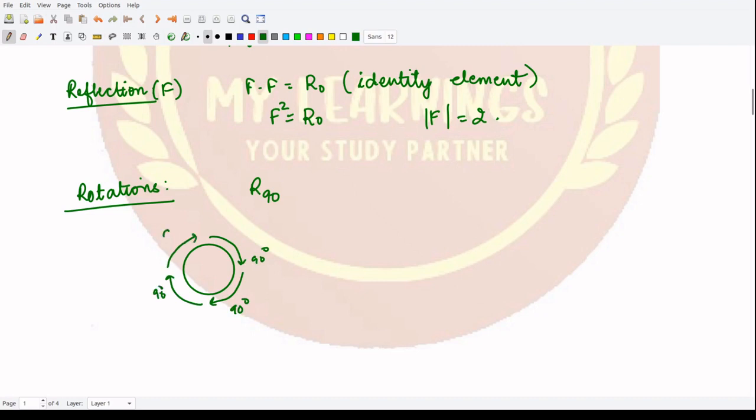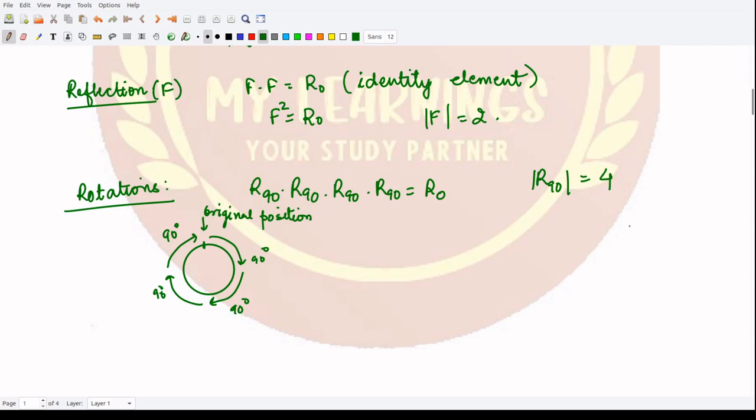After 4 such rotations, you get back to the original position. Hence in this particular case, you have R90 into R90 into R90 into R90, which gives R0. Hence we say the order of R90 is 4. So we have an element of order 4, which is a rotation.